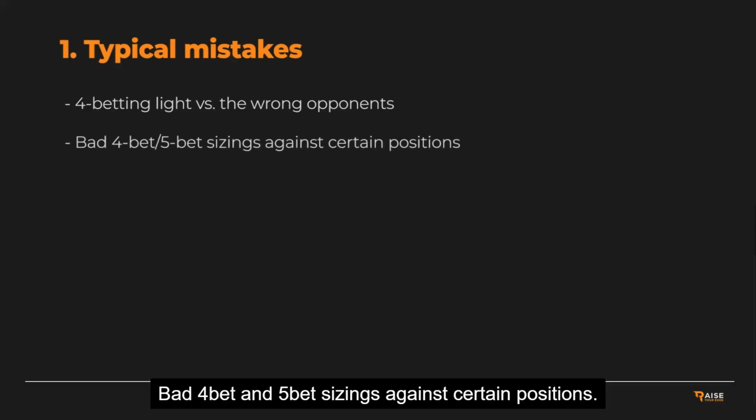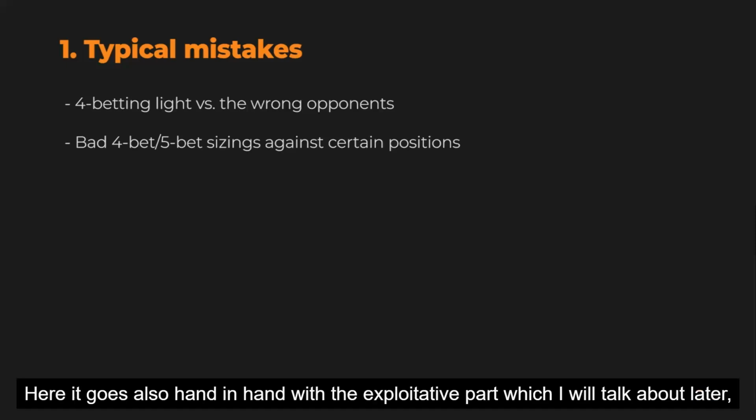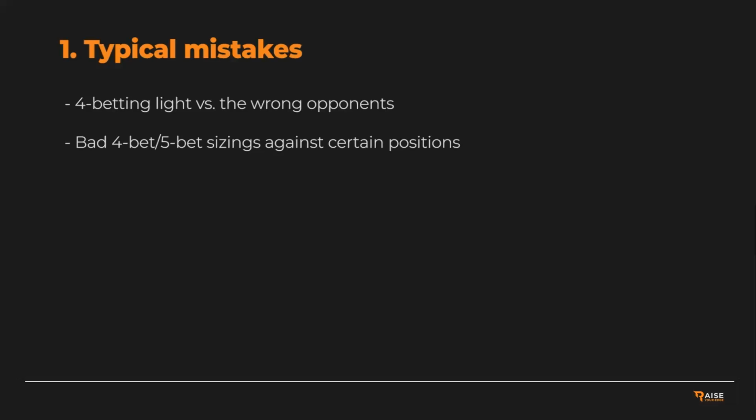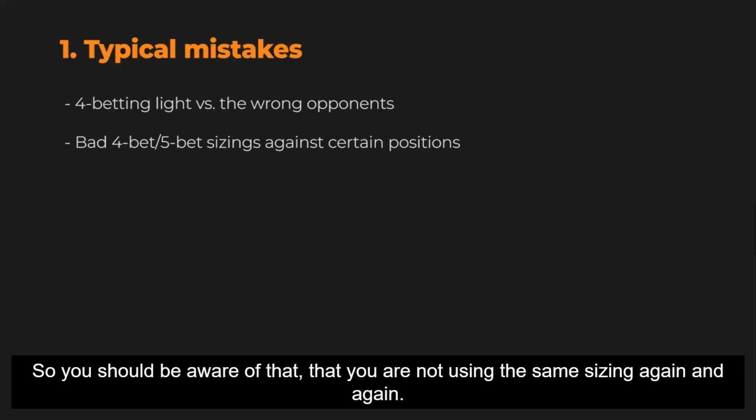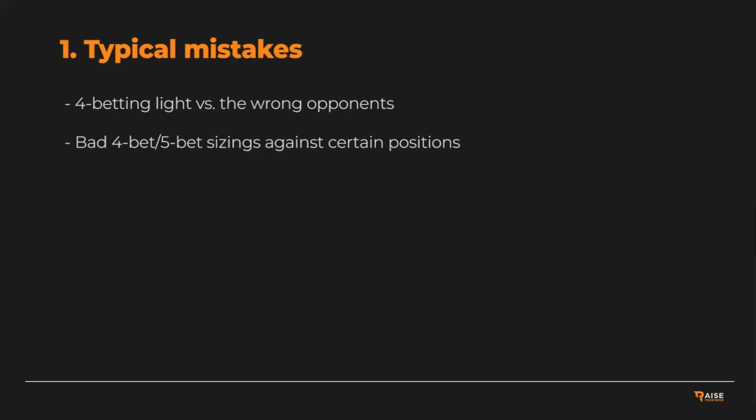Bad 4-bet and 5-bet sizings against certain positions. Here it also goes hand in hand with the exploitative part, which I will talk about later: which positions we should 4-bet a little bit bigger against, and which positions we should 4-bet a little bit smaller against. You should be aware that you're not using the same sizing again and again and again.